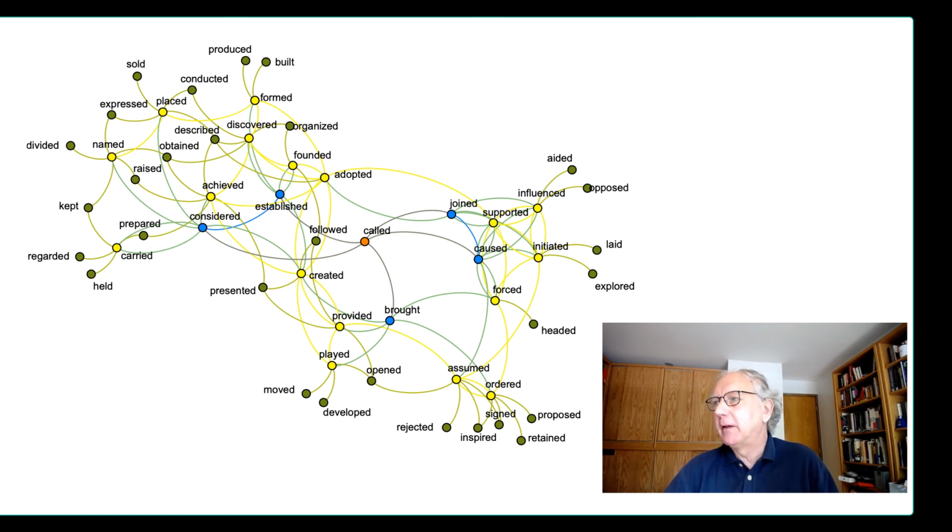Laid, for example, here. Lay, laid. Keep, kept. So the point is, this is a way for us to discover what words have a distributional similarity, despite the fact that their past tense form is formed in some way other than adding the letters ed.